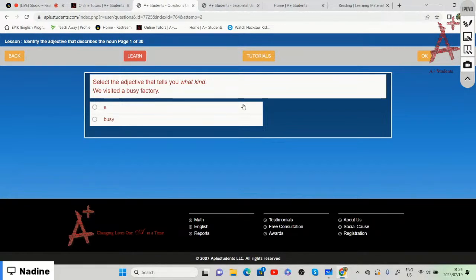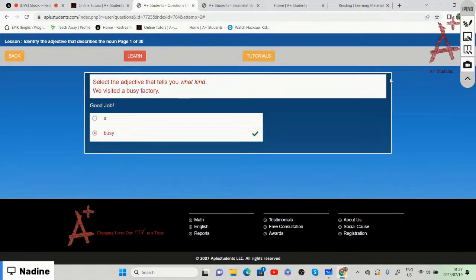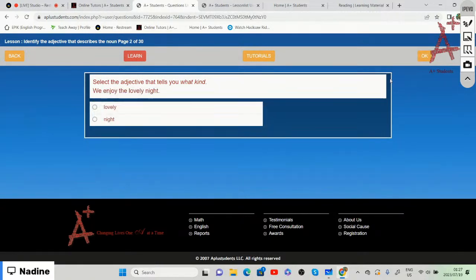So we need to basically say what kind of factory. Is it a as the adjective that tells us what kind, or busy that describes the factory? All right, so we can say that this is a busy factory, right? So, what kind of factory? It is a busy factory.